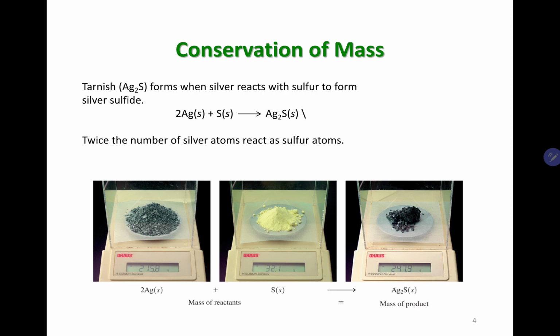Then you will get silver 1 sulfide, and the mass of silver 1 sulfide will be 247.9. If you take a look at these numbers, the mass of reactants is equal to the mass of products. So according to the law of conservation, no change in total mass occurs during a complete chemical reaction.